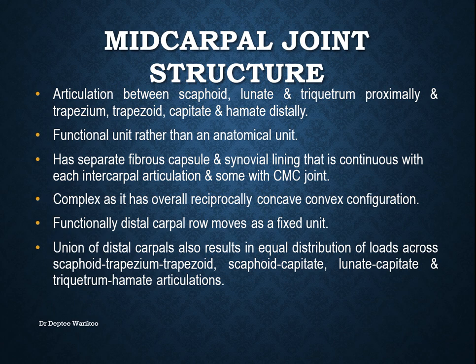The midcarpal joint is a functional rather than anatomical unit because it does not form a single uninterrupted articular surface. However, it is anatomically separate from the radiocarpal joint and has its own capsule and synovial lining that is continuous with each intercarpal articulation and may be continuous with some of the carpometacarpal articulations also.